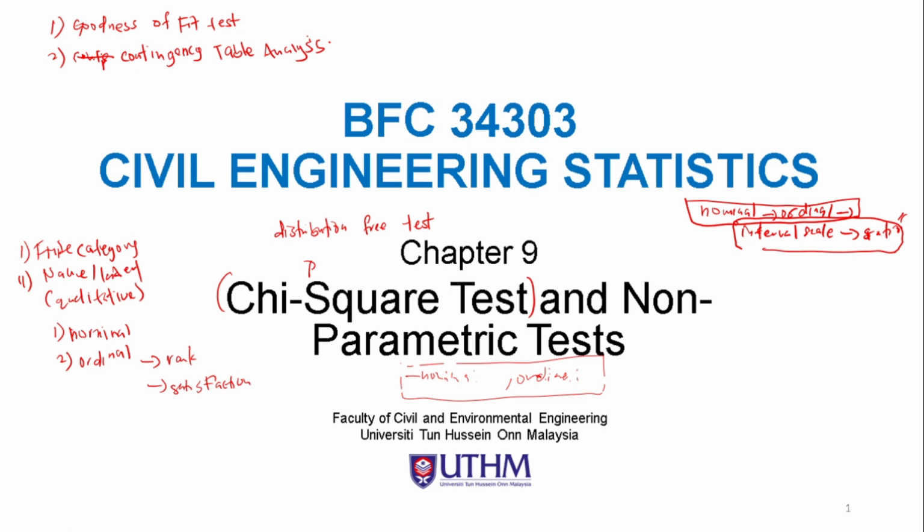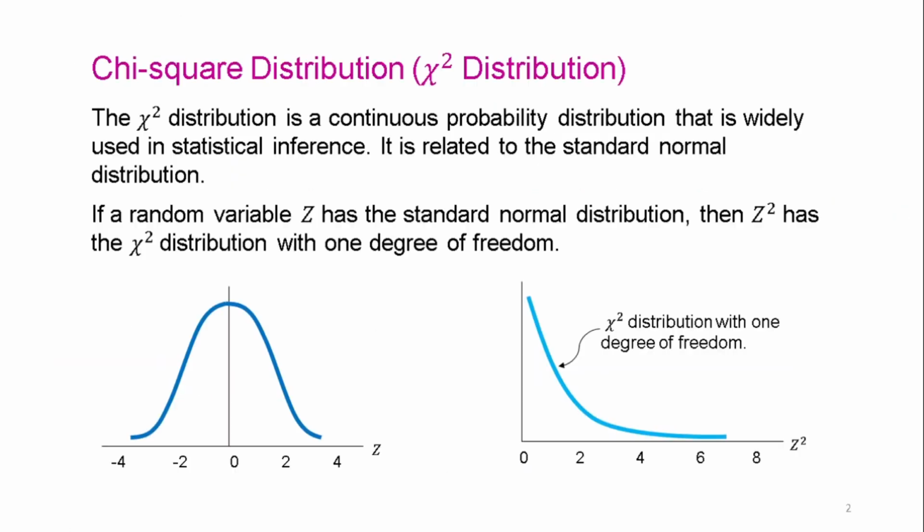So let's take a look at the chi-square distribution. It is often denoted by the Greek letter, the lowercase chi, so we call this the chi-square test.